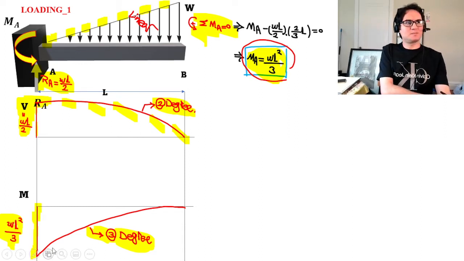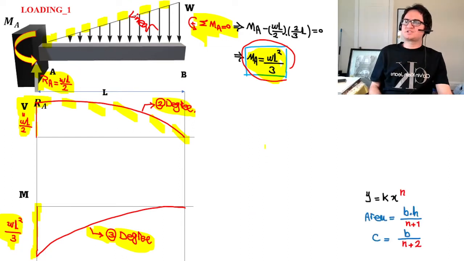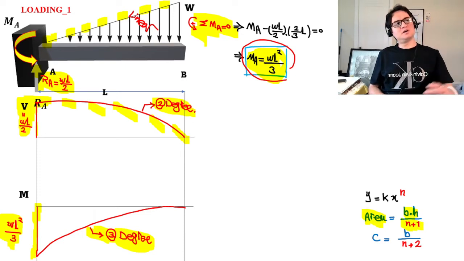Let's observe what happens to the beam if we just flip-flop the loading. At the same time, just in case, if we have a parabolic spandrel given by the equation y = kx to the power of n, the area is 1 over n plus 1 times b times h, where b is the base and h stands for height.